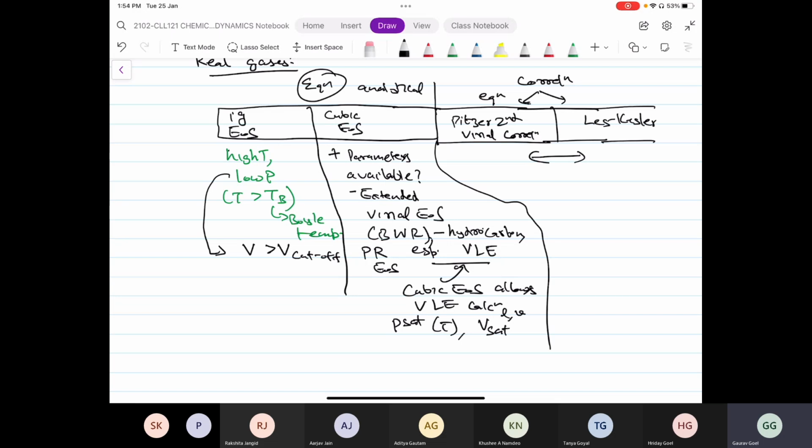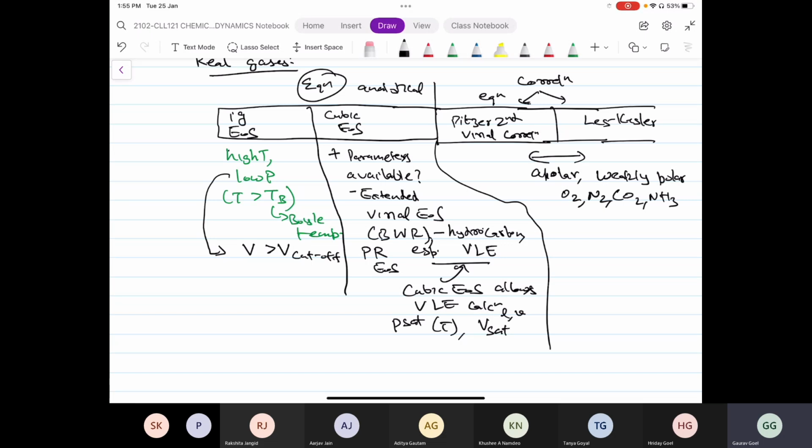So the kind of species for which either the Pitzer second virial or the Lee Kesler is valid are apolar or weakly polar species. So oxygen, nitrogen, CO2 come in the weakly polar category, ammonia comes in the weakly polar category.